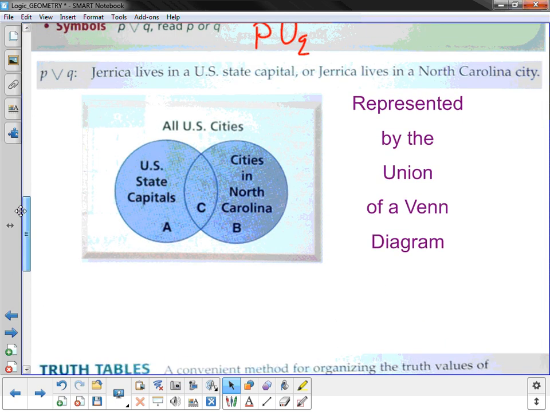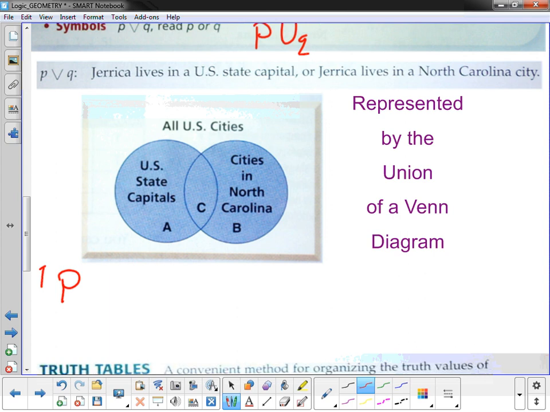That means that if P is true, then P or Q is true.